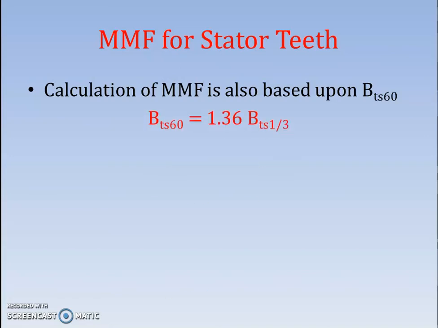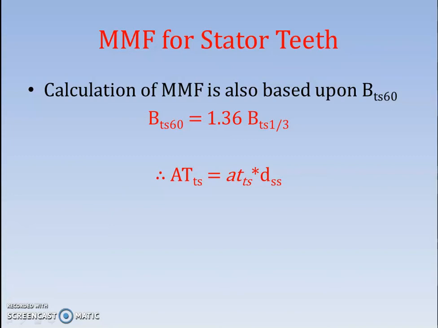Flux density of stator teeth at 60 degree is 1.36 times flux density of stator teeth at 1/3 height. At 1/3 height we will be considering the average flux density. So magnetomotive force for the stator teeth, that is ampere turn for stator teeth, can be calculated based on the flux density of stator teeth at 60 degree achieved.